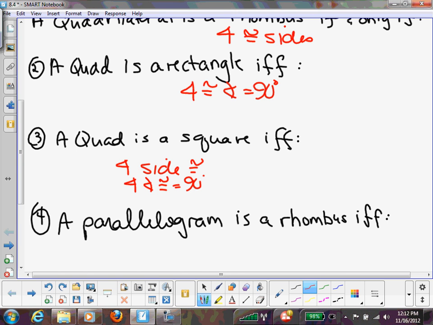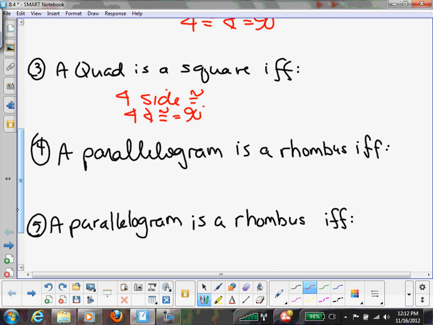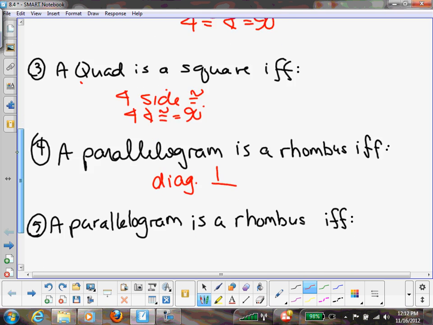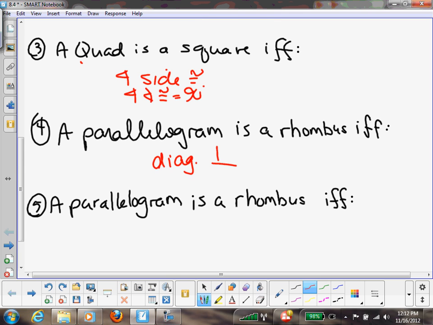Now, we didn't really talk about this, but a parallelogram is a rhombus if the diagonals are perpendicular. Remember, these are for quadrilaterals, any four-sided. So if I start with the quadrilateral and I want to say it's a rectangle, I have to say that I have four congruent angles that measure 90 degrees. But if I want to say that I have a parallelogram and I want to say that it's a rhombus, then I need to show that I've got 90-degree angles occurring at the diagonals where they intersect.